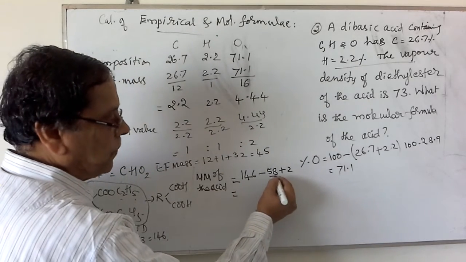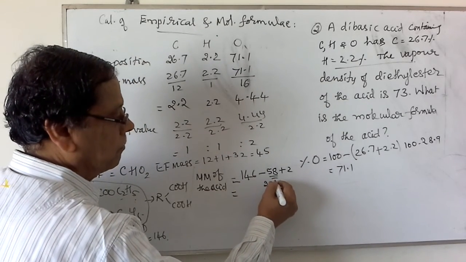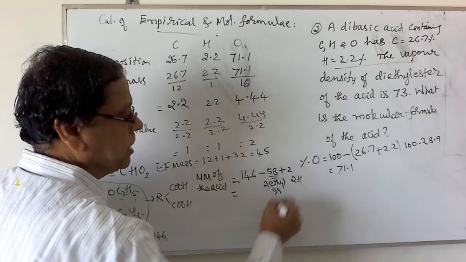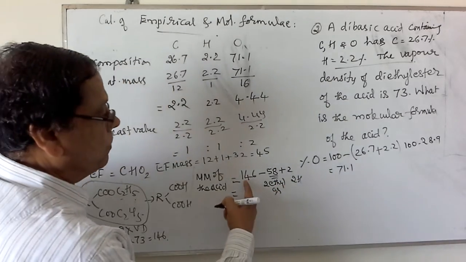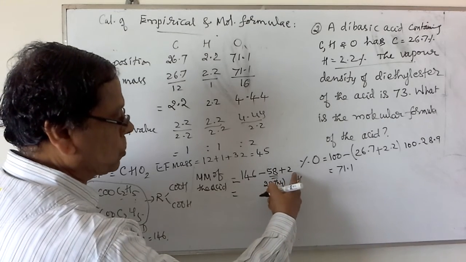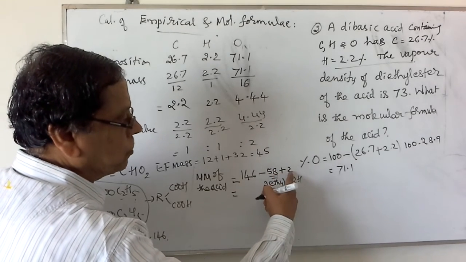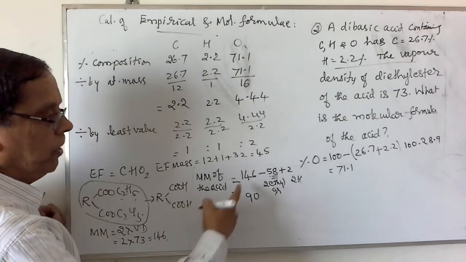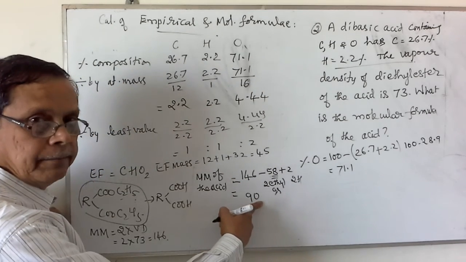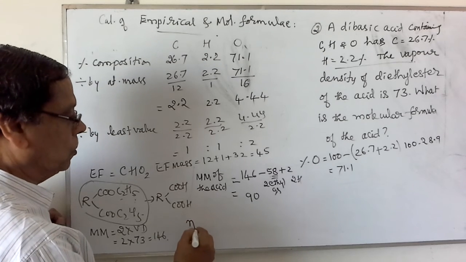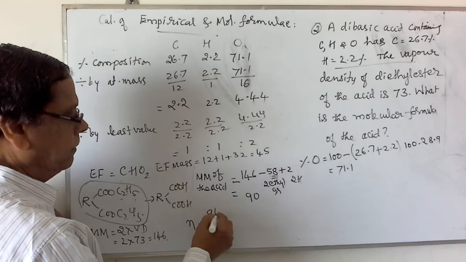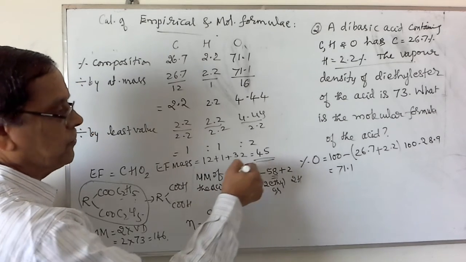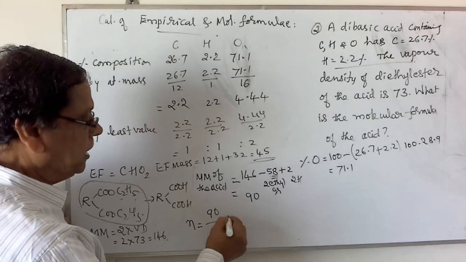So it is 146 minus 58 plus 2, which comes out to be 90. Therefore, n is equal to 90 divided by 45. Empirical formula mass is 45, therefore it is 2.